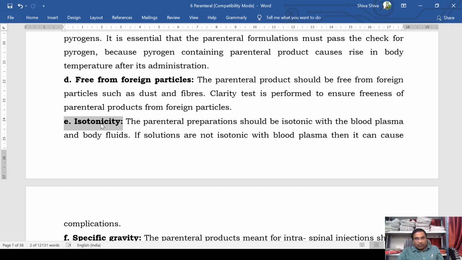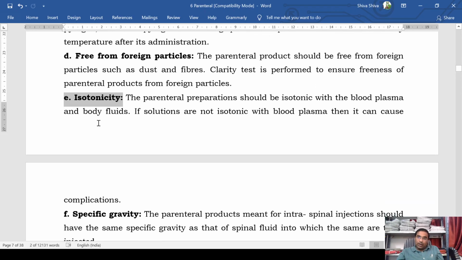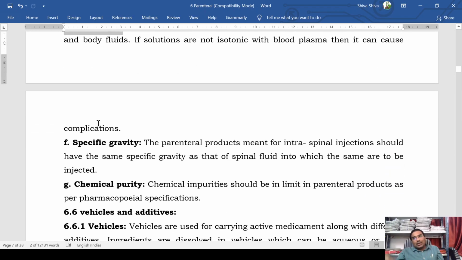If the solution is hypotonic, then also RBCs may burst. So hypertonic or hypotonic solutions may cause shrinkage or swelling of RBCs or tissues or cells, which may lead to toxicity or damage to the tissue. So for this purpose, the solution should be isotonic with blood or the fluid where that parenteral product is to be instilled.